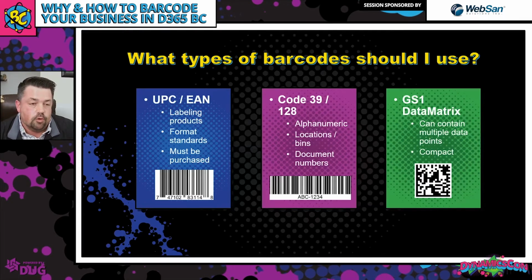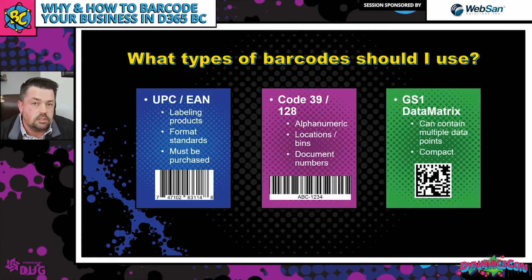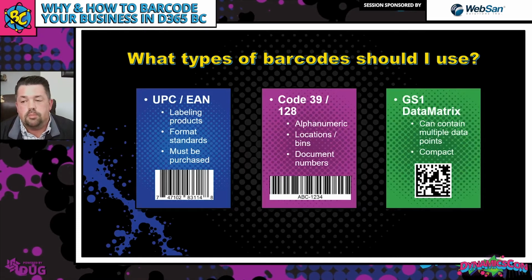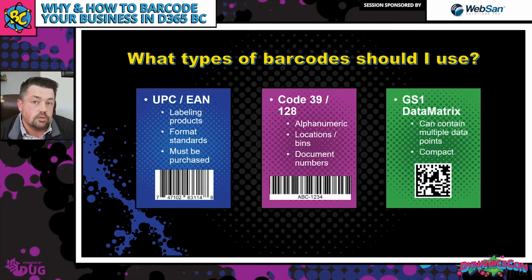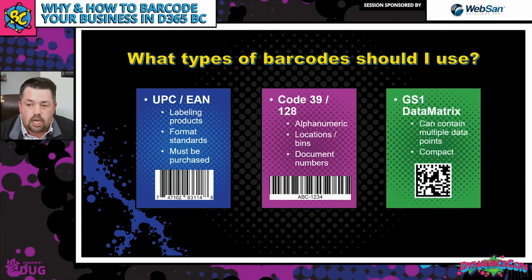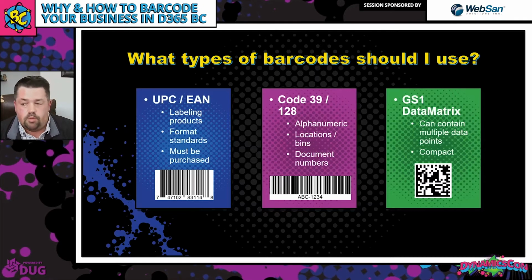It's typically good for barcoding your bins or locations throughout the warehouse, barcoding document numbers like transfer order numbers or purchase order numbers or sales order numbers. These are things that we can print on documents or print on labels for free and use them throughout the warehouse.